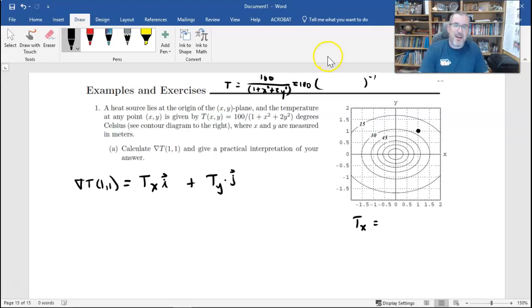Maybe if you prefer that, it's fine. But I think I'm going to go quotient rule. Quotient rule says this. Take the denominator, low d high. Take the derivative of the numerator. Now the derivative of the numerator is 0. So low d high will be 0 minus high d low.